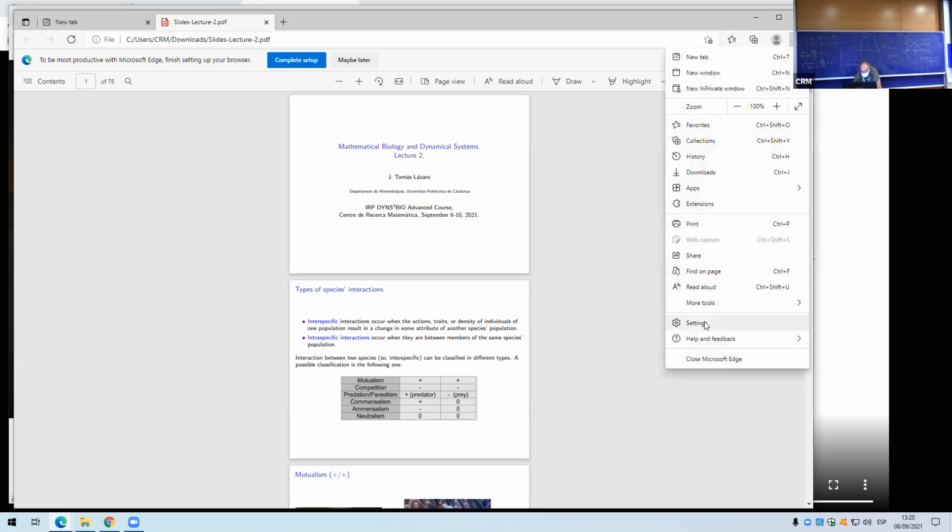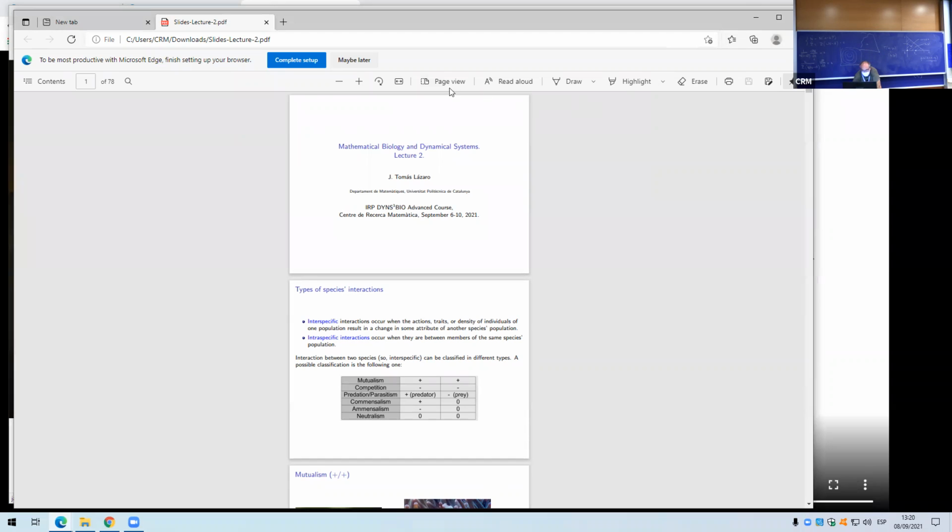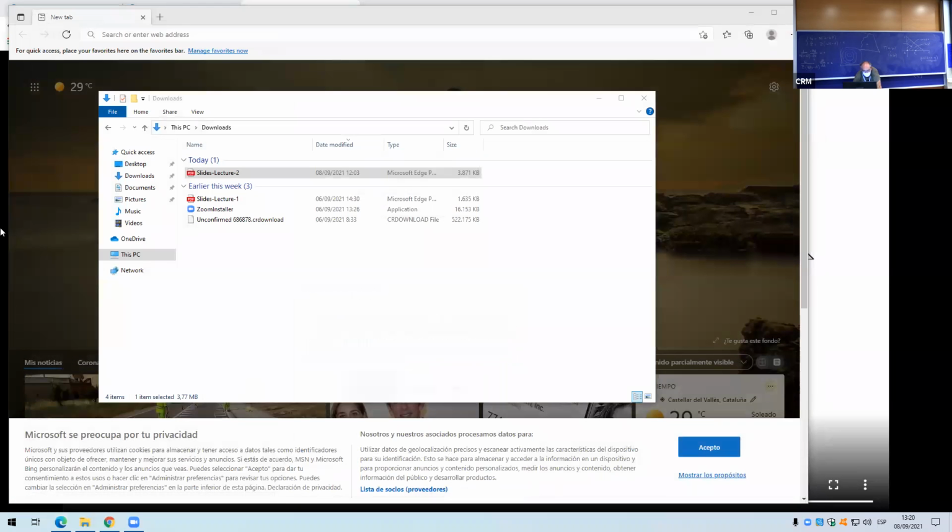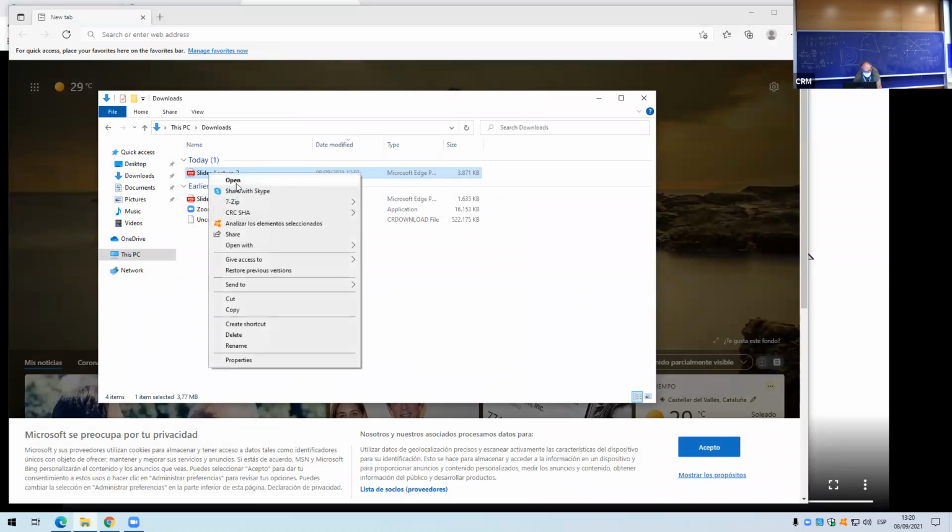Presentation. I find really ridiculous working with Windows. Can you see where is presentation? No. Okay. So open with Chrome. Oh, okay.